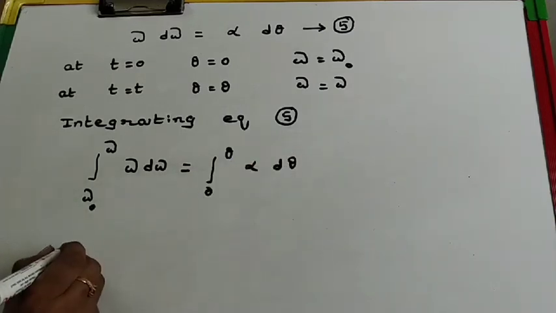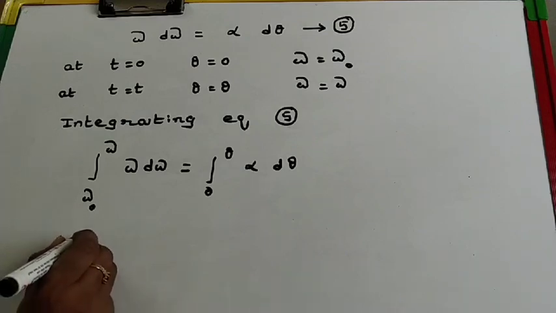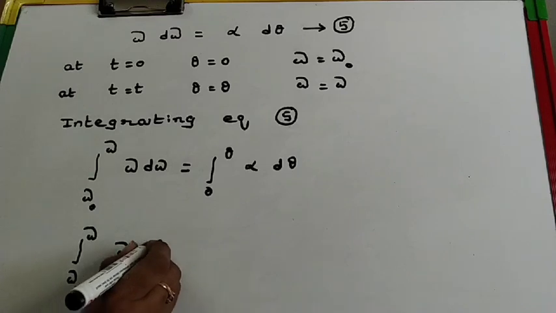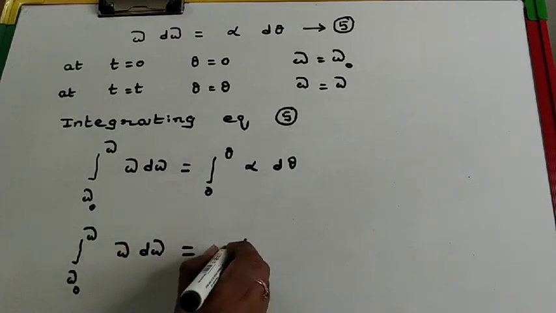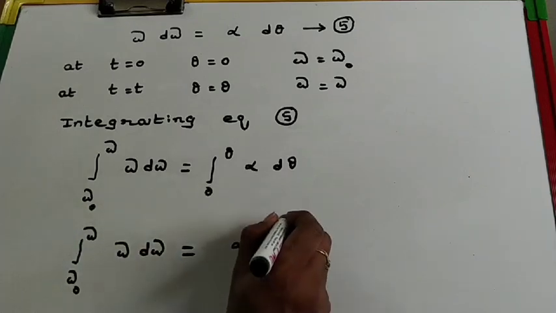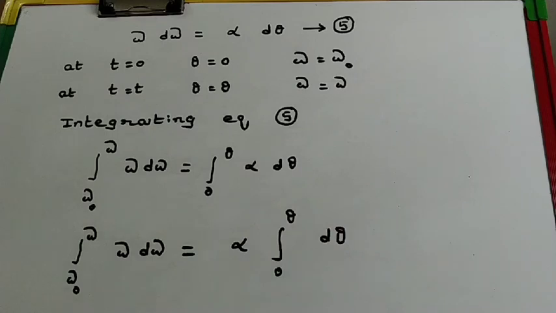That means integral omega naught to omega of omega into d omega is equal to alpha, I take alpha outside, integral 0 to theta d theta.